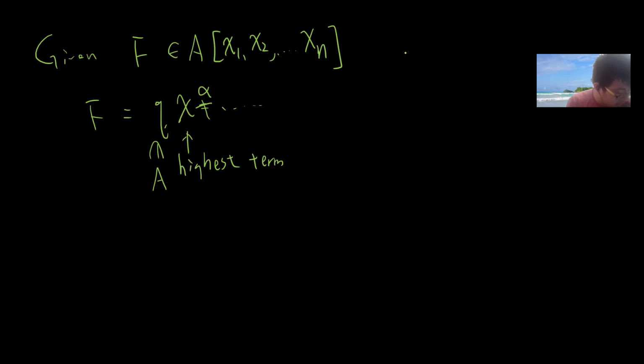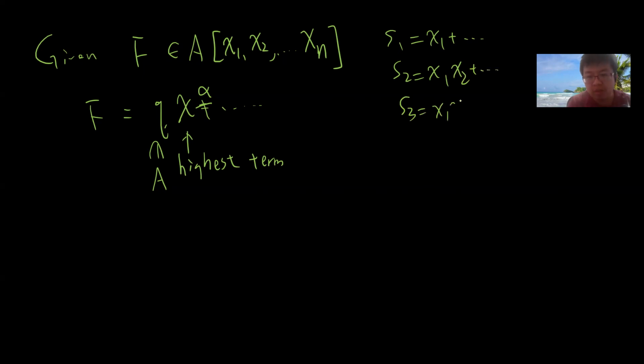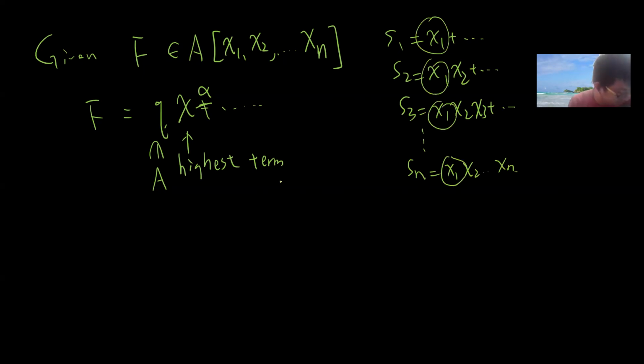Remember that our symmetric polynomial s1 is x1 plus and so on, s2 is x1x2 plus and so on, s3 is x1x2x3 plus and so on, sn is x1x2 up to xn. Notice that the leading term is x1 each time.